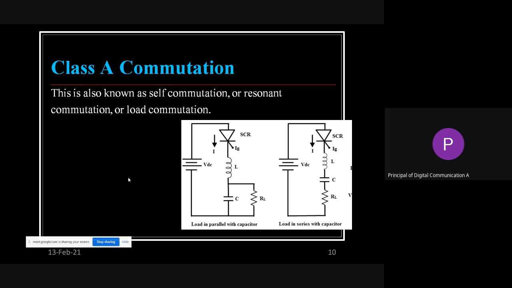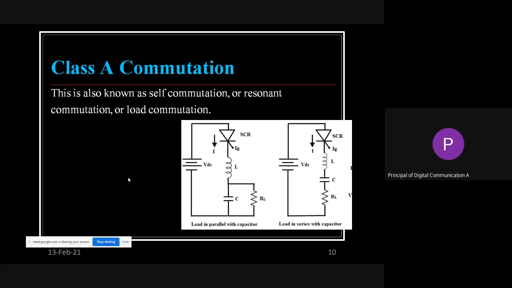During the discharging of the capacitor through this RL, the reverse voltage is going to be produced across the SCR. That is, the reverse current is going to flow through this SCR. And as the reverse current flows, the SCR definitely becomes off.